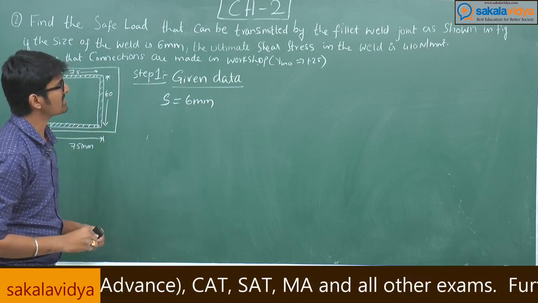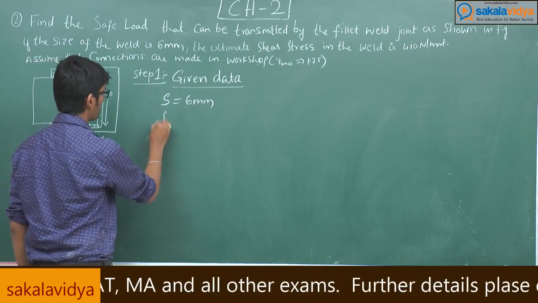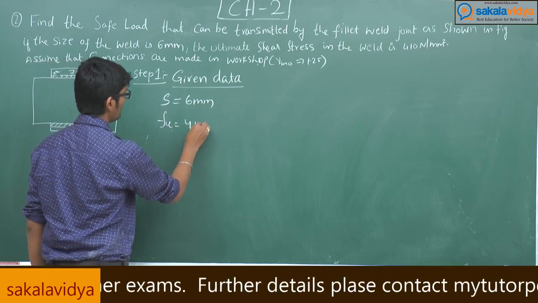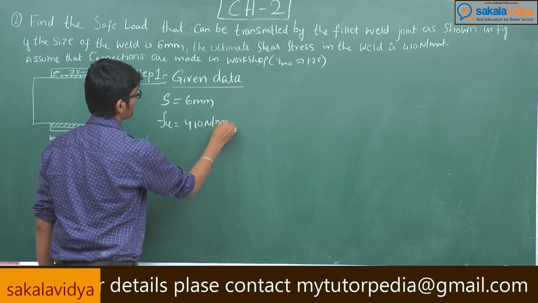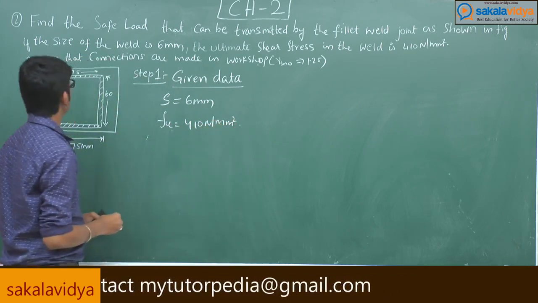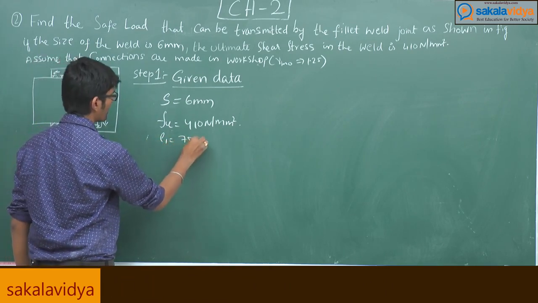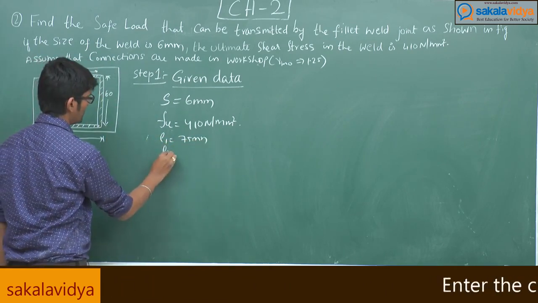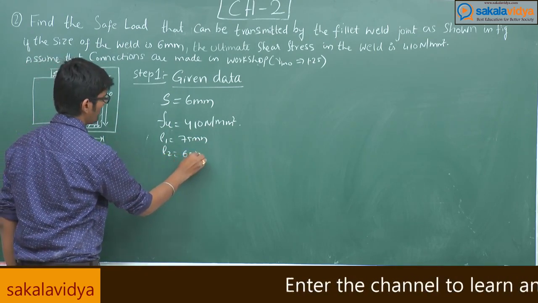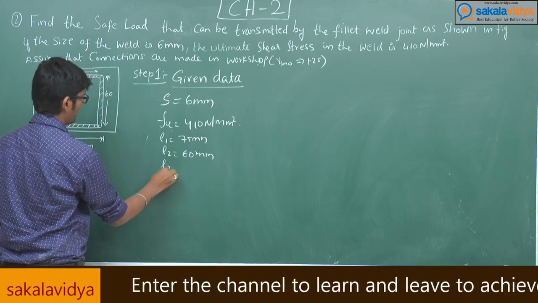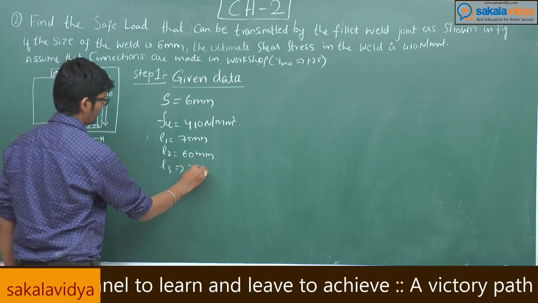Next, ultimate shear stress, that is Fu is equal to 410 Newton per mm square, and length L1 is equal to 75 mm from here to here, L2 is equal to 60 mm, L3 is equal to how much? 75 mm.